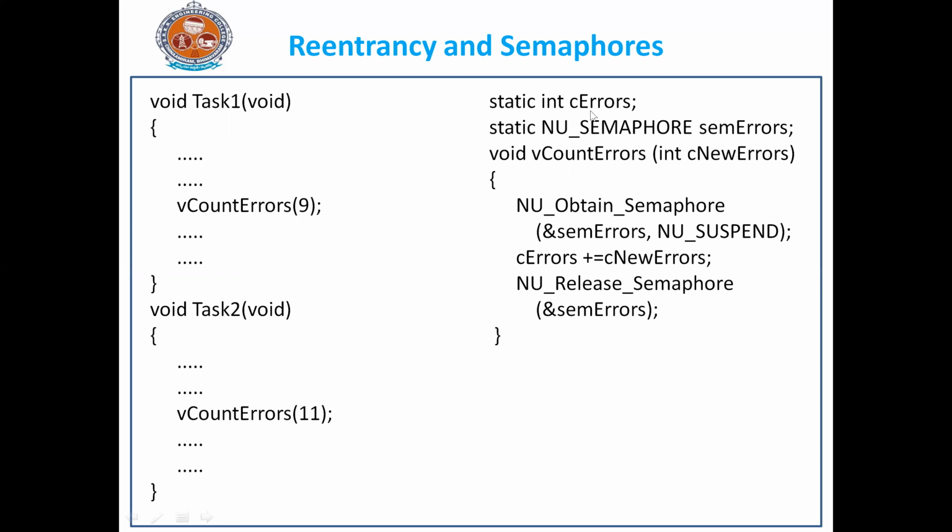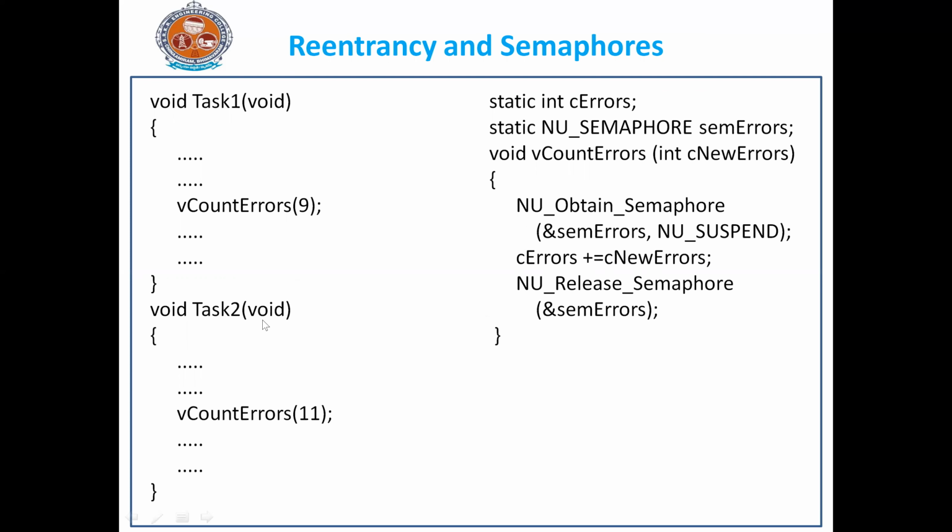If task 1 is called, 5 plus 9 is added, and the added value is saved again in C errors, so the value will be 14.